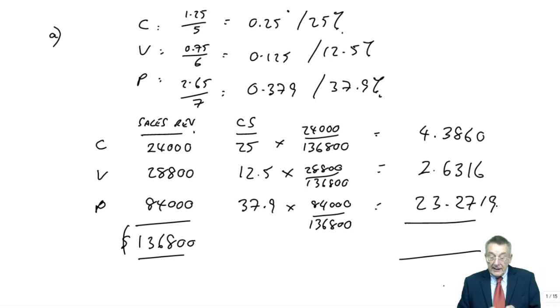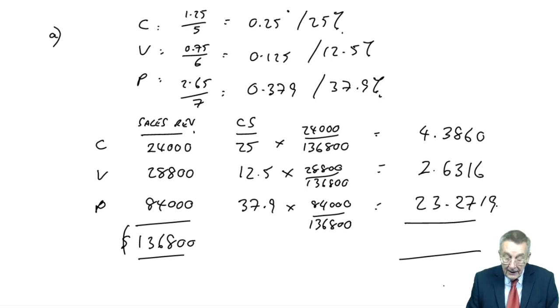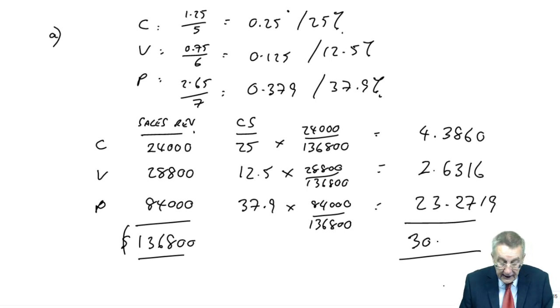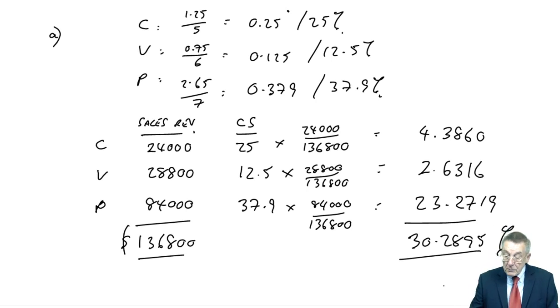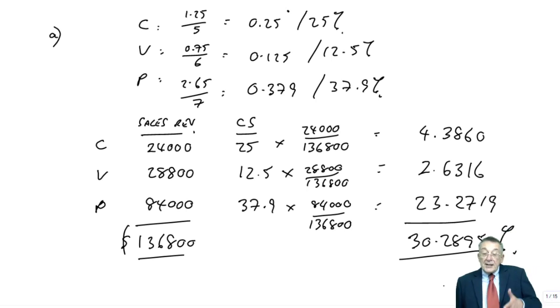So the total, the weighted average, 4.3860 plus 2.6316 plus 23.2719, I get 30.2895%. So there's the overall CS ratio, the weighted average.